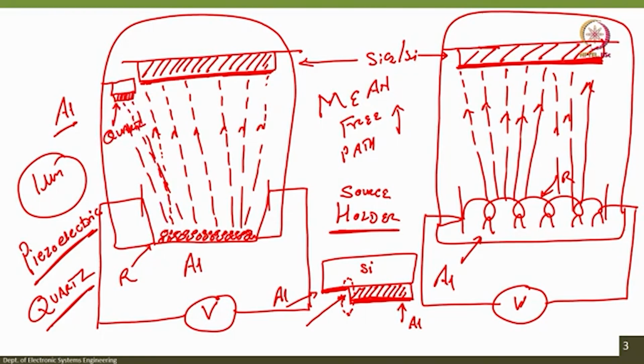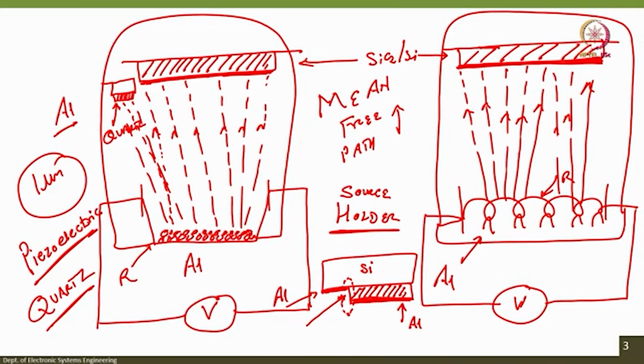The material that gets evaporated onto the wafer, which is a substrate, will also get evaporated onto a crystal, which is quartz, and when it gets deposited onto the quartz, there is a change in the voltage.